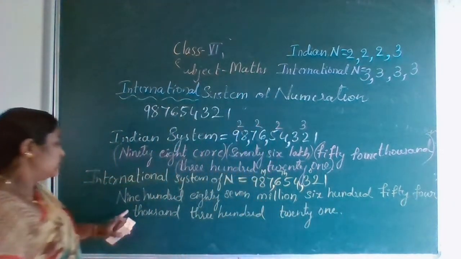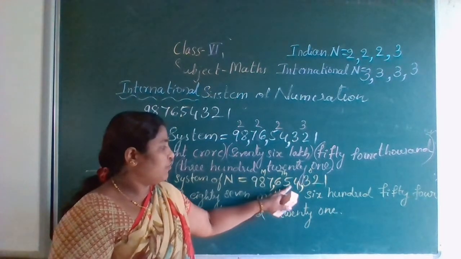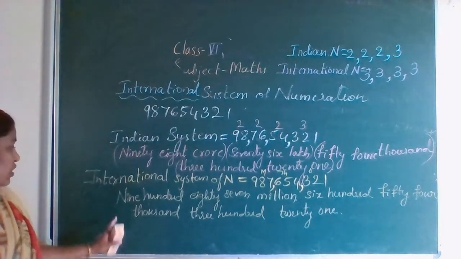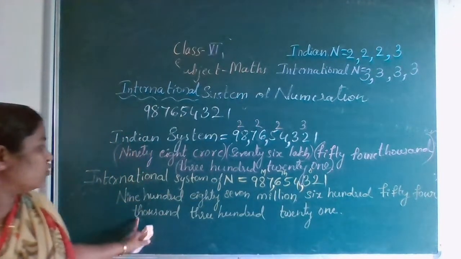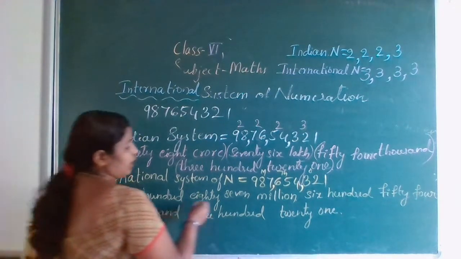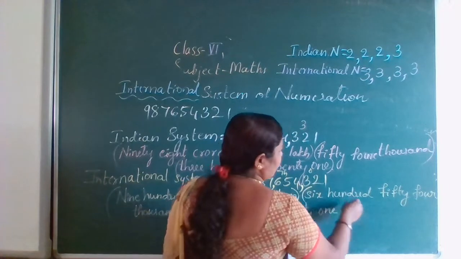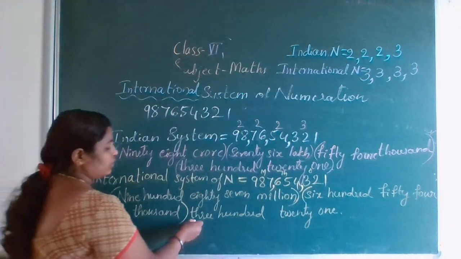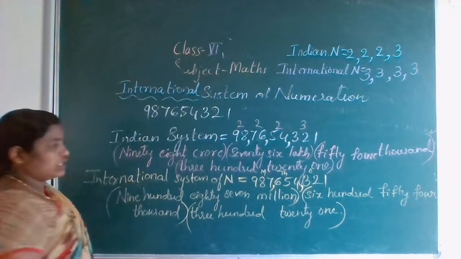See this? 987,654,321 is one group. 987 million is the third group. 654,000 is the second group. 321 is the first group.